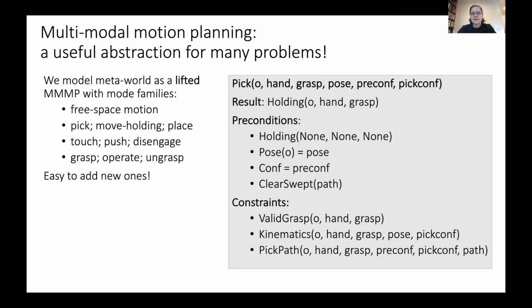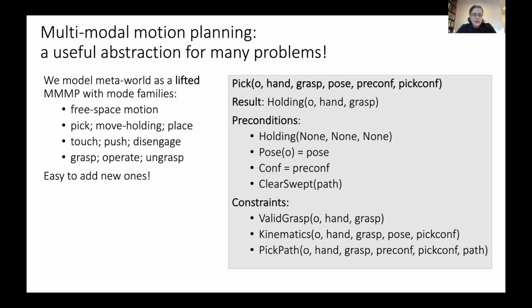Like we might have to say that this particular grasp of the object is valid in some way, or that the robot's kinematics are such that when it's in a particular configuration, we can grasp the object, and so on. So what we do is we write down operator descriptions that characterize discrete conditions that describe the mode or the mode family, and also continuous variables that vary within a mode.